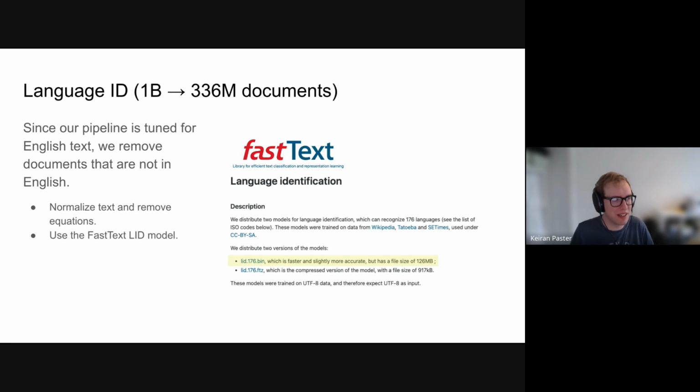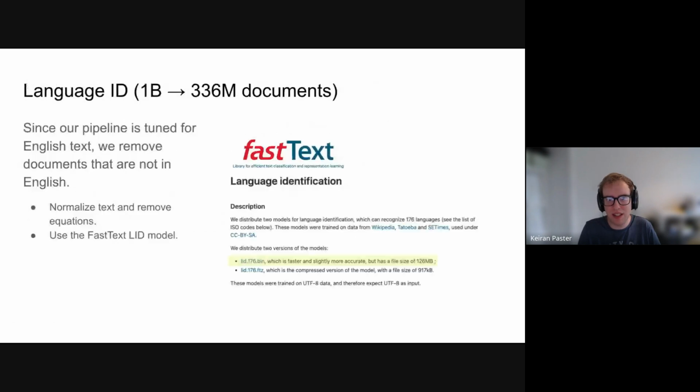That's why we primarily focus on English for this data set, and we just remove all the non-English documents. One detail is that we normalize all the text and remove the equations before we pass it into the classifier. We use the very commonly used fastText language identification classifier to get rid of the non-English documents. This brings us down to around 336 million documents.